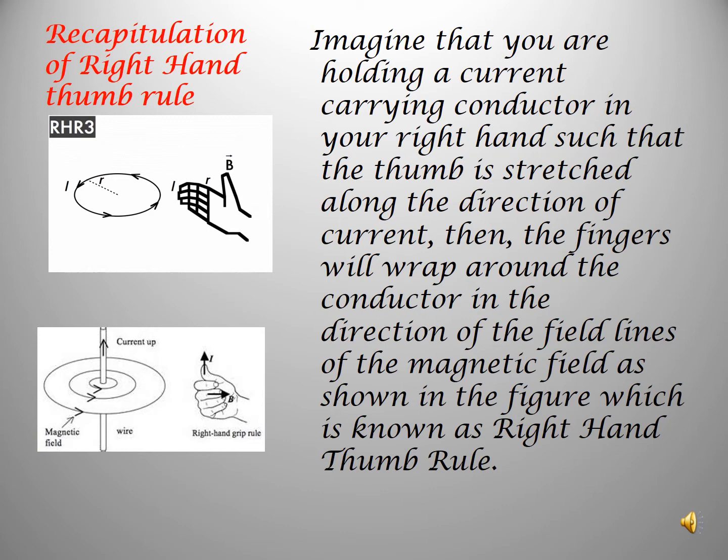Look at the figure. I tried to show you. Put your right hand thumb up, and watch your other fingers. Then the fingers will wrap around the conductor in the direction of the field lines of the magnetic field as shown in the figure, which is known as right hand thumb rule.